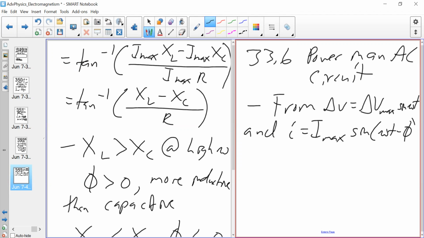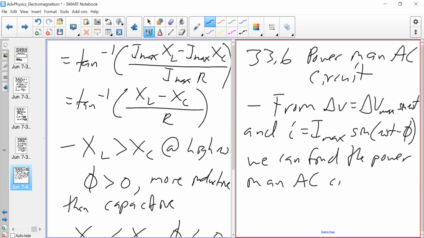These are just the general relationships that we've developed since the beginning. From those, we can find the power in an AC circuit. P equals I delta V, to denote it from I max and V max.